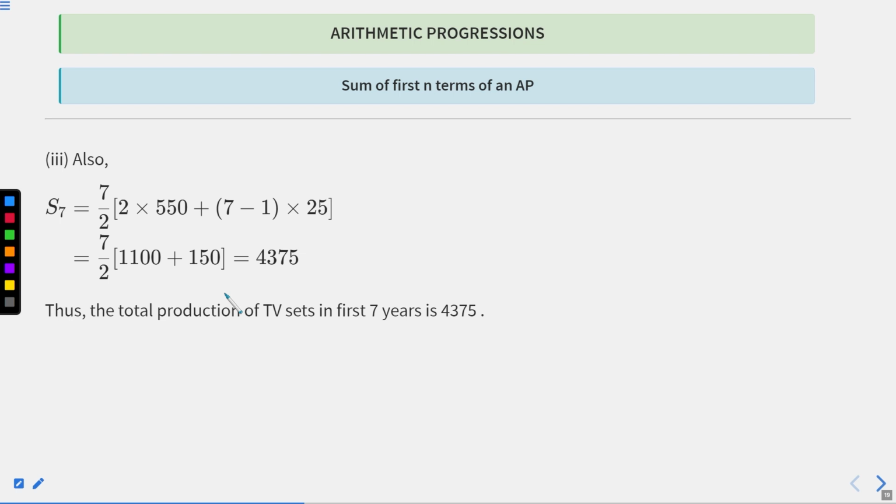So S7 is equal to 7 by 2 times 2 into 550 plus 7 minus 1 times 25. This is equal to 7 by 2 times 1100 plus 150, which is equal to 4375. So the total production of TV sets in the first 7 years is 4375.